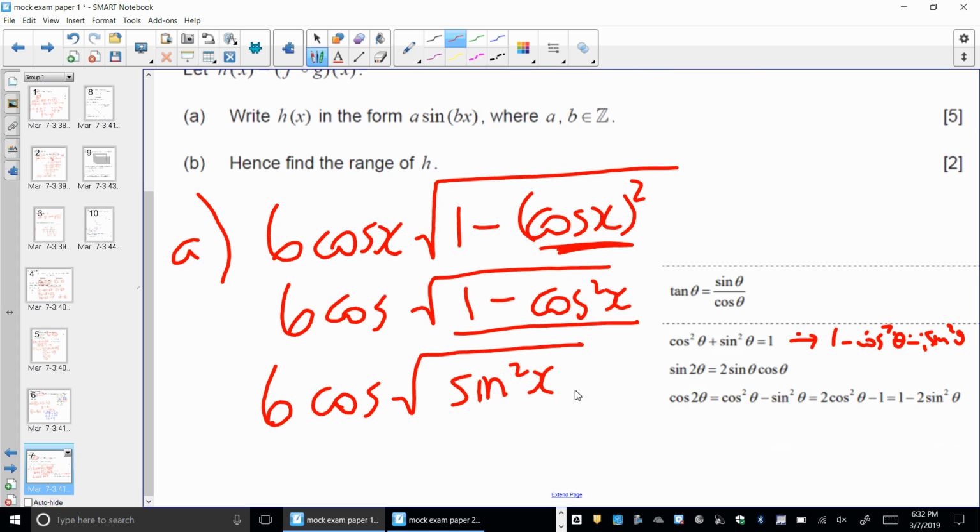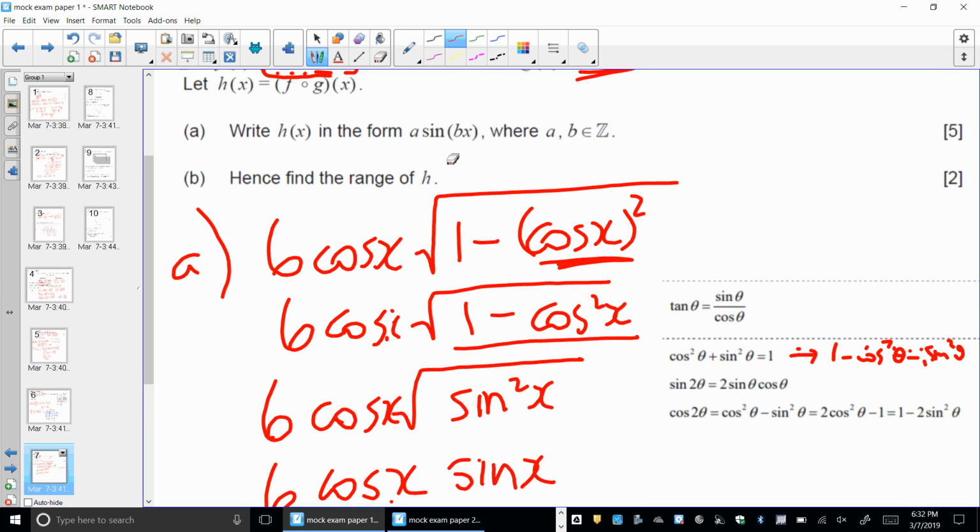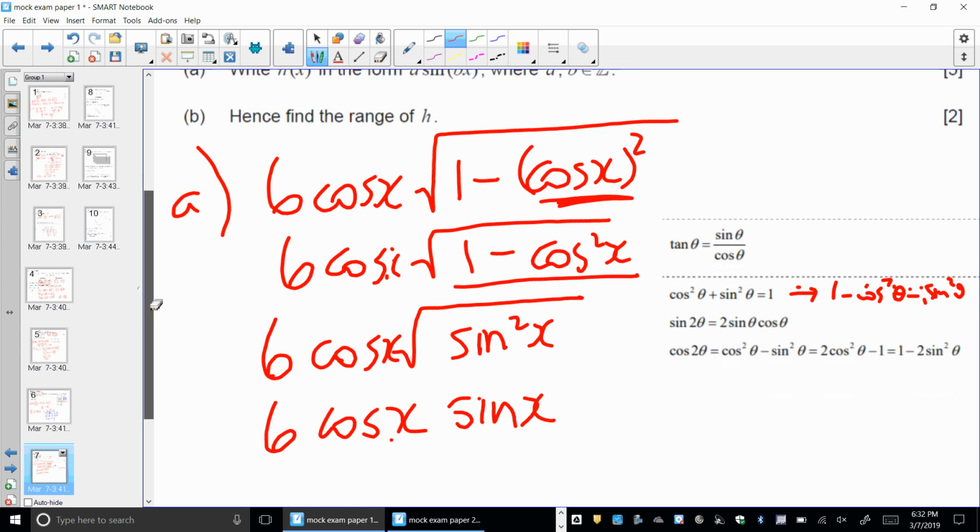Well, hopefully you're appreciating that when you square root a sine squared, you're just going to have sine. Shall I actually write the x's rather than just writing cos? They should all have an x. Sine x. Alright, so now we've got 6 cos x sine x, but they just want it in terms of sine something x. So we again need to look at our formula.